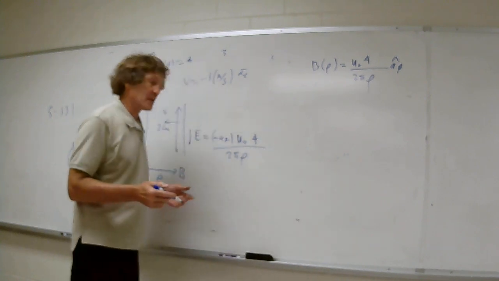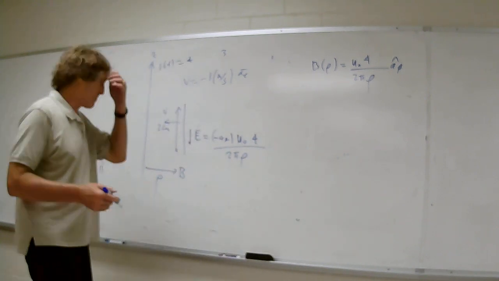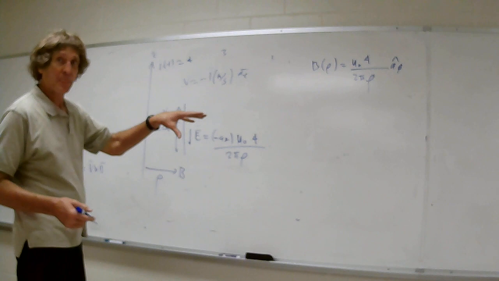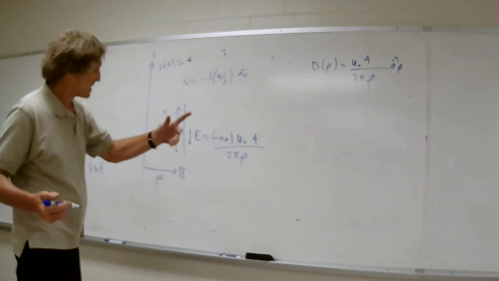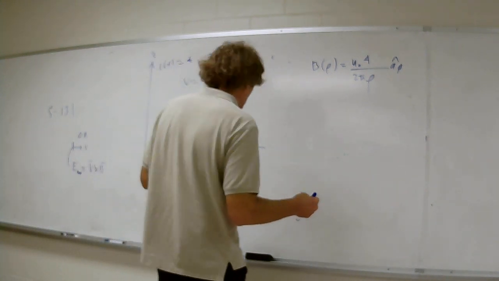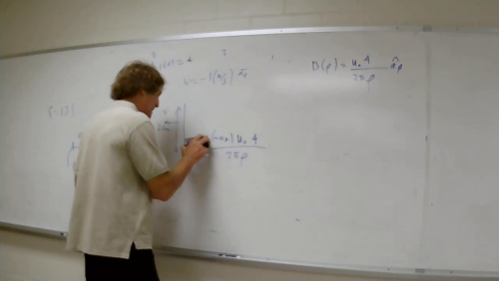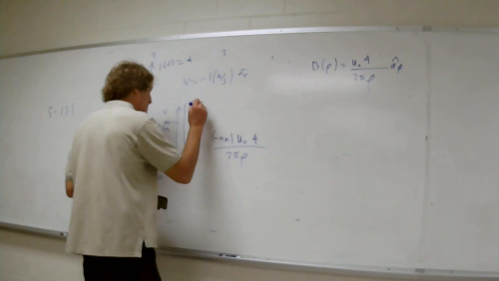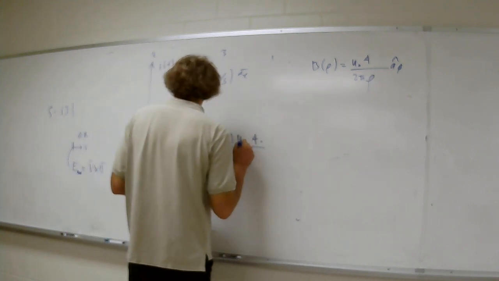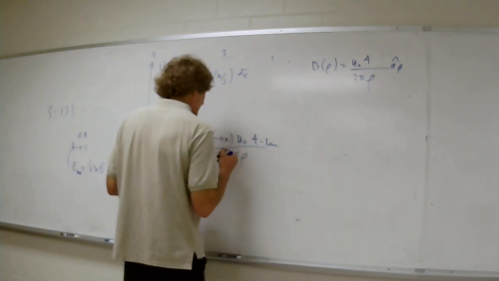Y'all follow me? That's the E field. They want the voltage, so I multiply it by the length. It's plus down here, minus here, and the length was 2 centimeters. Then I get the voltage.